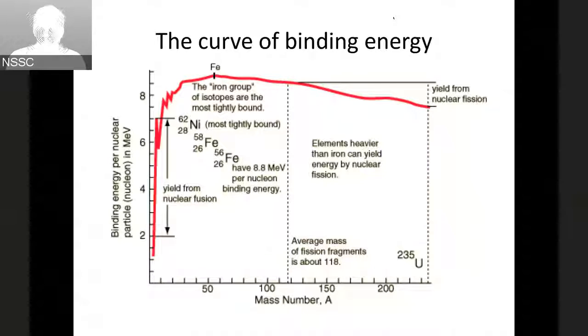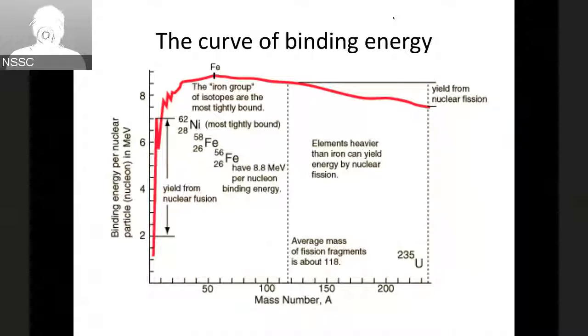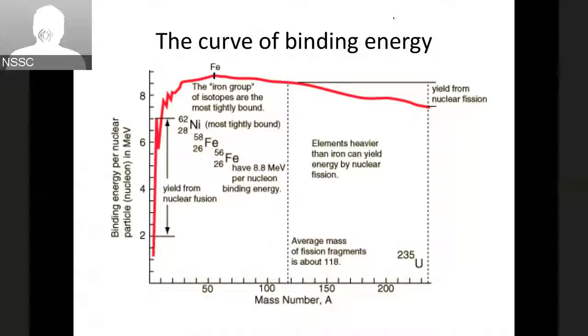So you see, if I now calculate the difference in energy, the final state to the initial state, it's 2 of these with 8.4. This is 236 times 7.5. Now, 2 times 118 is 236.